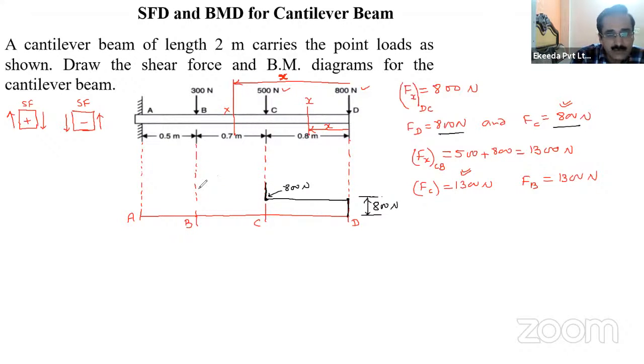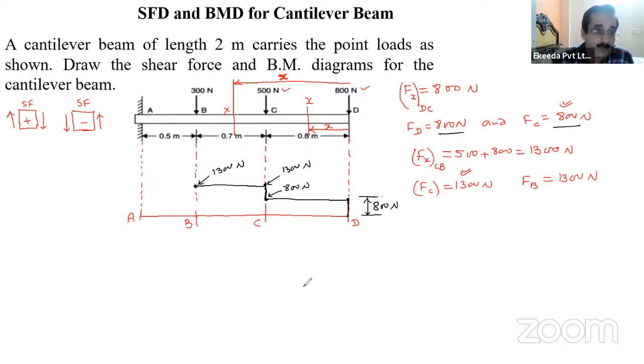Then it is constant throughout C to B, up to this point, where the shear force is again 1300 Newton.